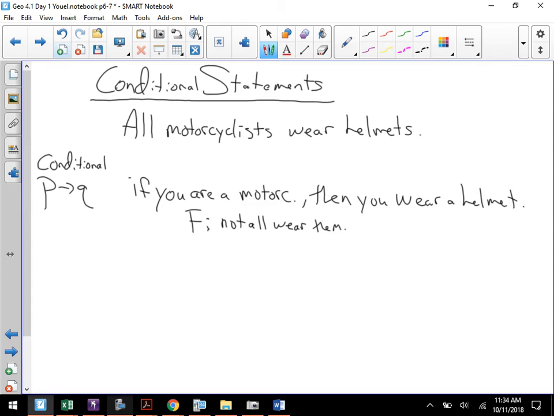Helmet laws, if I'm not mistaken, are required in California. They are required in Florida, I want to say. They used to be required in Wisconsin, because I know that. I remember being younger. I've been riding motorcycles basically my entire life, and I've always worn a helmet.